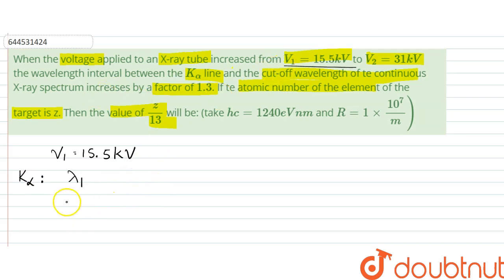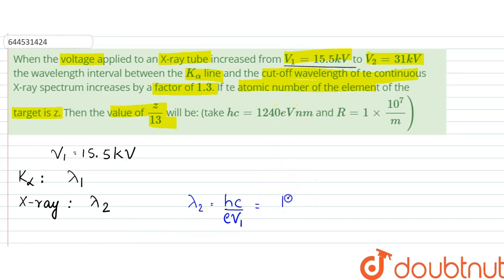For the cutoff wavelength of the X-ray spectrum, let the wavelength be lambda 2 at this voltage. So lambda 2 can be written as hc by eV1.